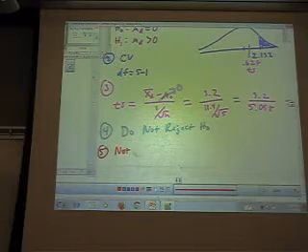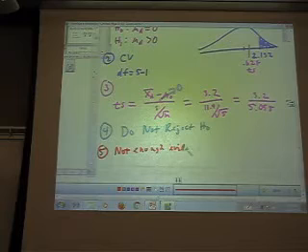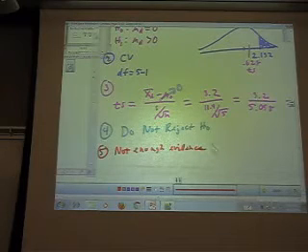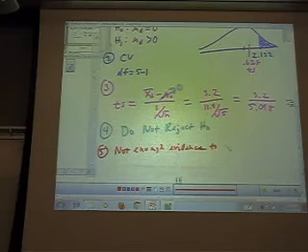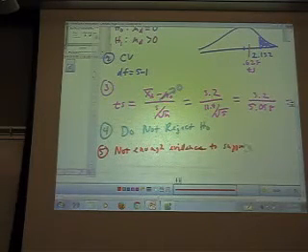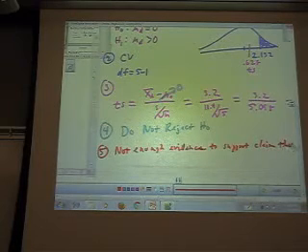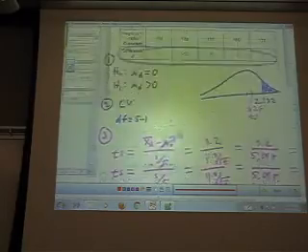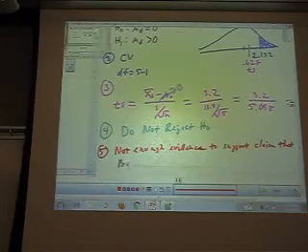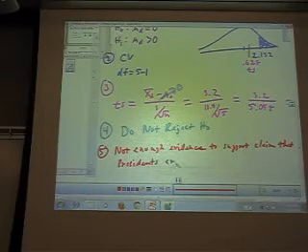No. Not enough evidence to support, and then my claim is H1, so I'm going to use the word support. Claim that the difference in heights and presence are taller than opponents.